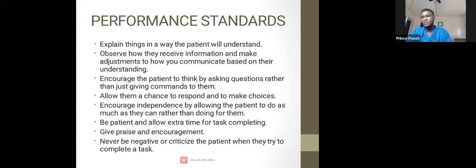You observe how they receive information and make adjustments to how you communicate based on their understanding. Encourage the patients to think by asking questions rather than just giving commands. Don't just tell them it's time to play. Tell them, would you love to play? It's time to eat. Brother, would you love to eat? So encourage them to think.